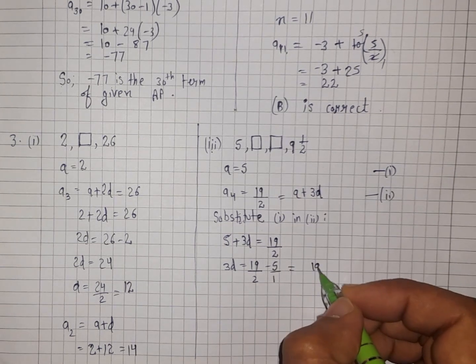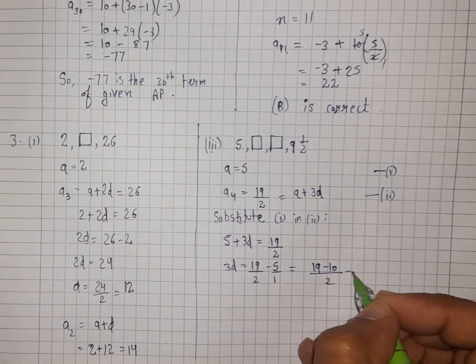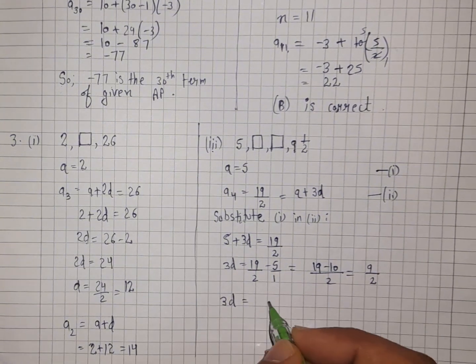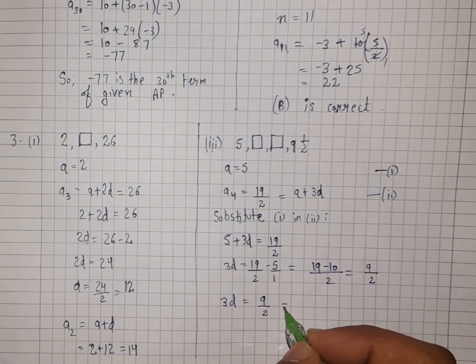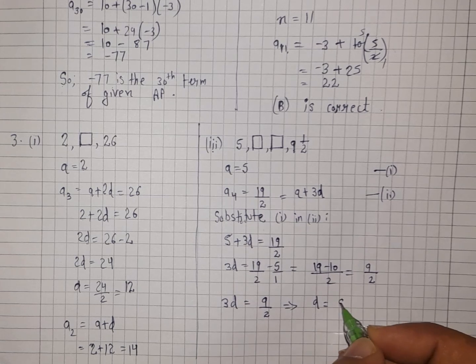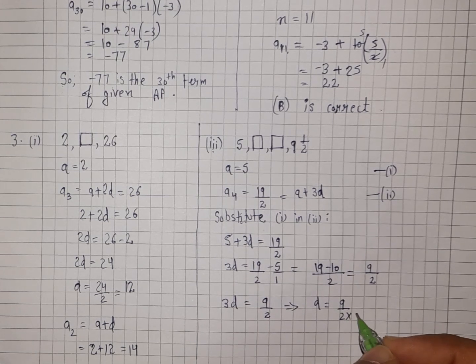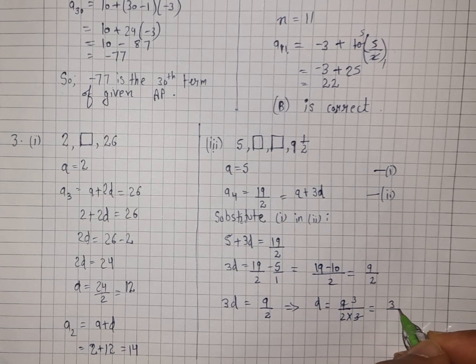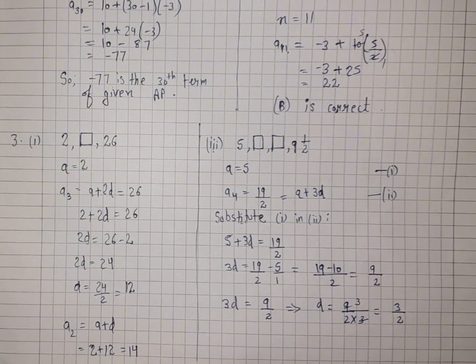After taking LCM, it will become 9 upon 2. So 3D equals 9 upon 2, which implies D equals 9 upon 2 into 3. 3, 3, 9. So D equals 3 upon 2.